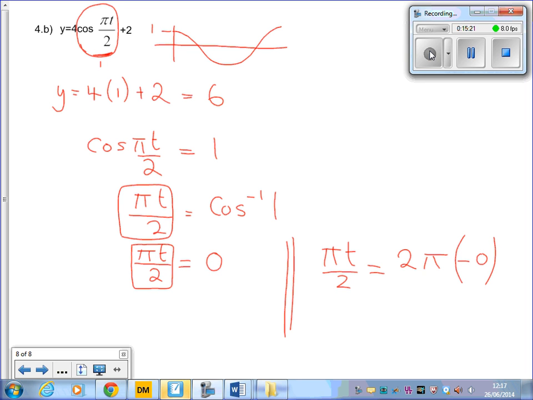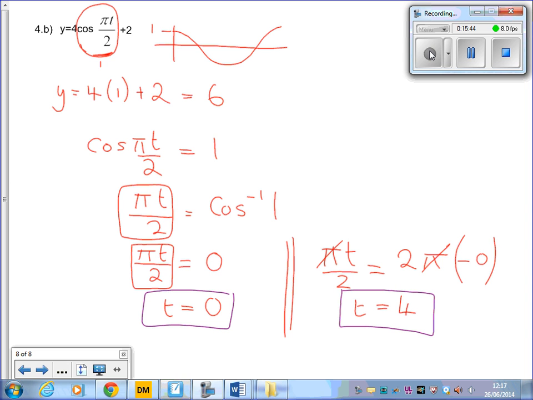So back to my first solution, and I get a value t equals 0. So that's my first solution. And here I'll get a second solution. I can cancel out pi from both sides, rearrange to get t equals 4. I have two solutions.